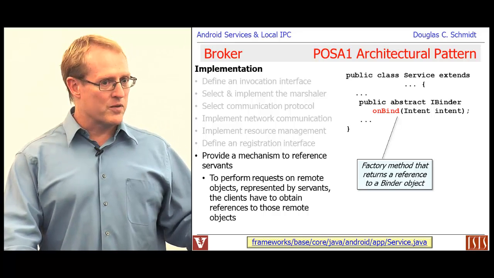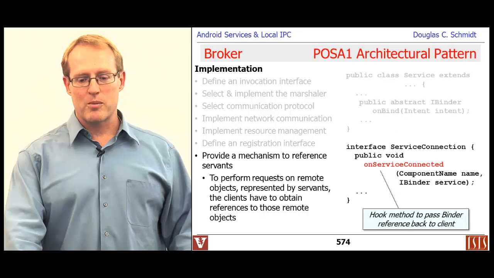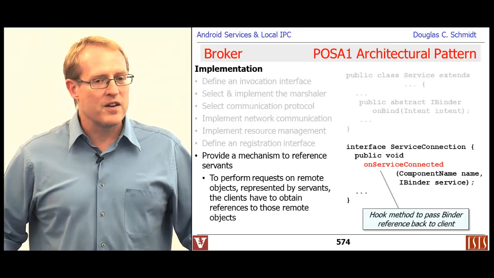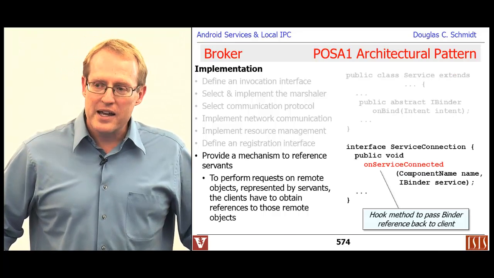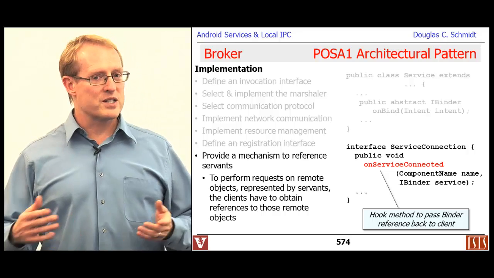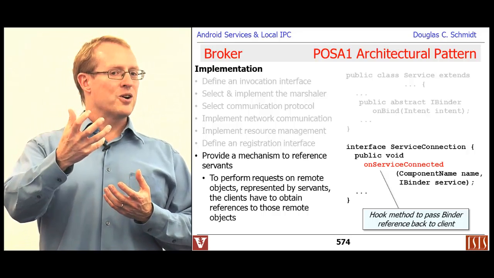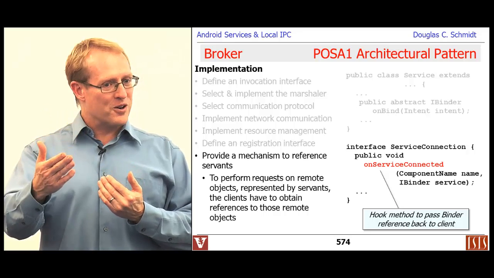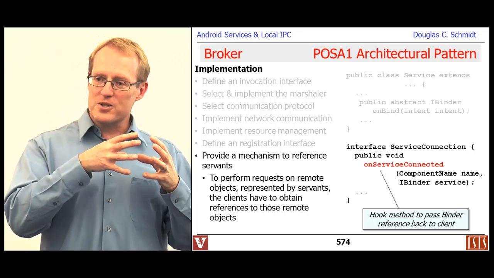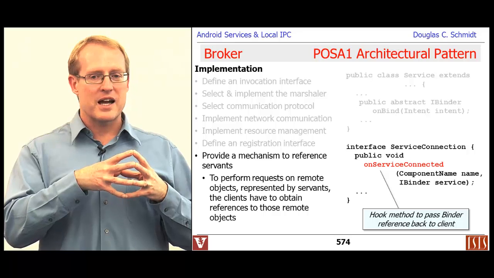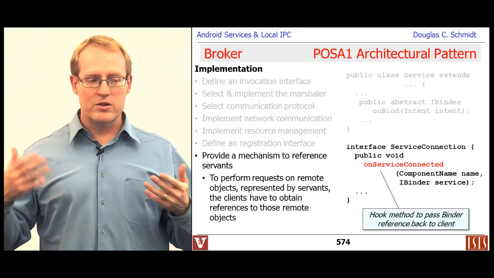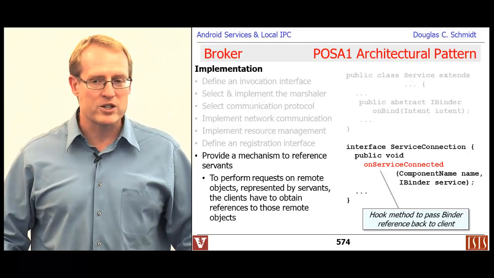You can take a look at the service interface to find out more about that. The other thing that is defined on the client side is a hook method called onServiceConnected to get this binder back from the server or the service and then stash it away someplace on the client side so it's available for being used to invoke these two-way operations or one-way operations later.